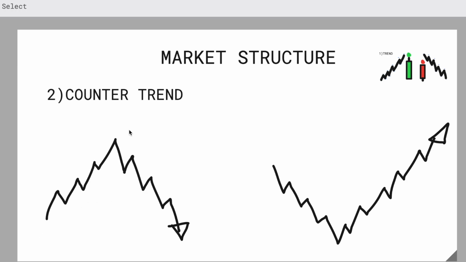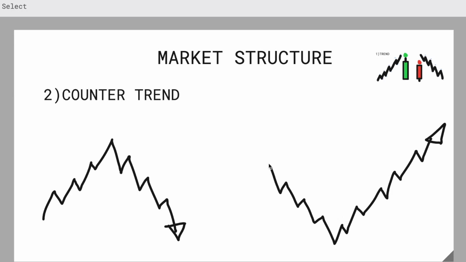So this is the uptrend, this is the downtrend. Over here is the downtrend, and this is the uptrend. Price is making lower lows, lower highs, lower lows, lower highs. Then price is making higher highs, higher lows, higher highs, higher lows, and so on.